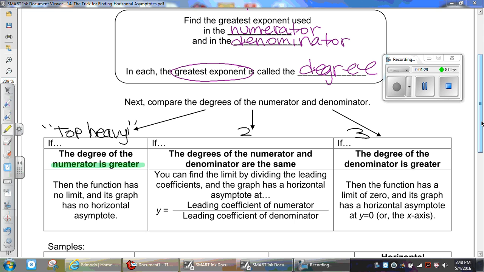If the degree of the denominator is the one that is greater, then how do you guys think I will call it? If it's not top heavy, it will be bottom heavy. Yes. And the third case is when the degrees are the same. And so those are just called same degree.